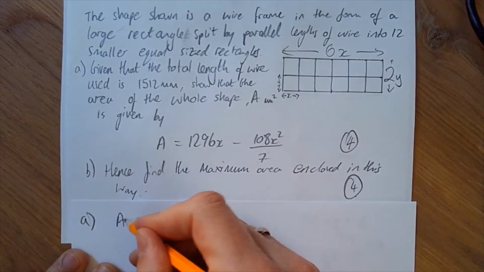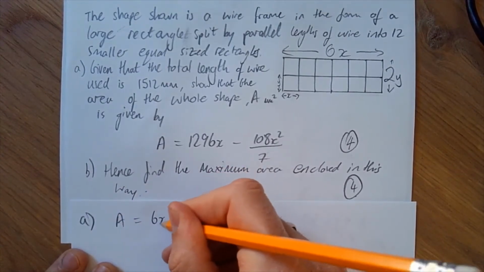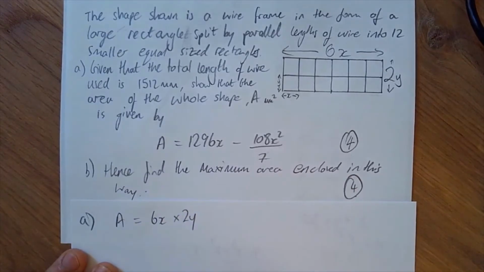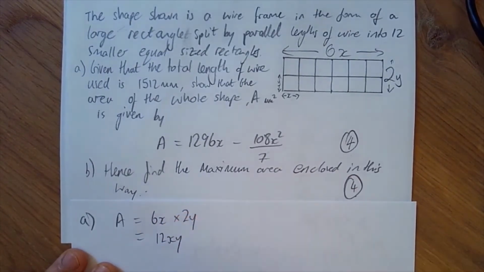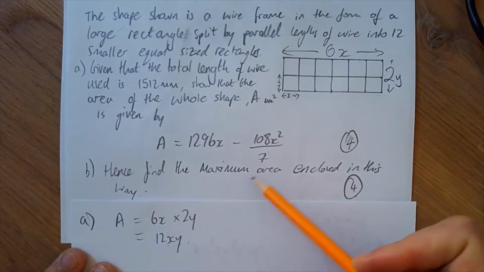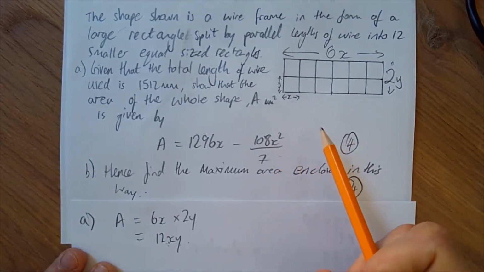We can write A equals 6x multiplied by 2y, which is A equals 12xy. That's lovely, but we've got x and y in there, just as we had in the previous question. So we've got to find some other expression with y in it so that we can substitute in and get the area in terms of x, which will hopefully look like this.